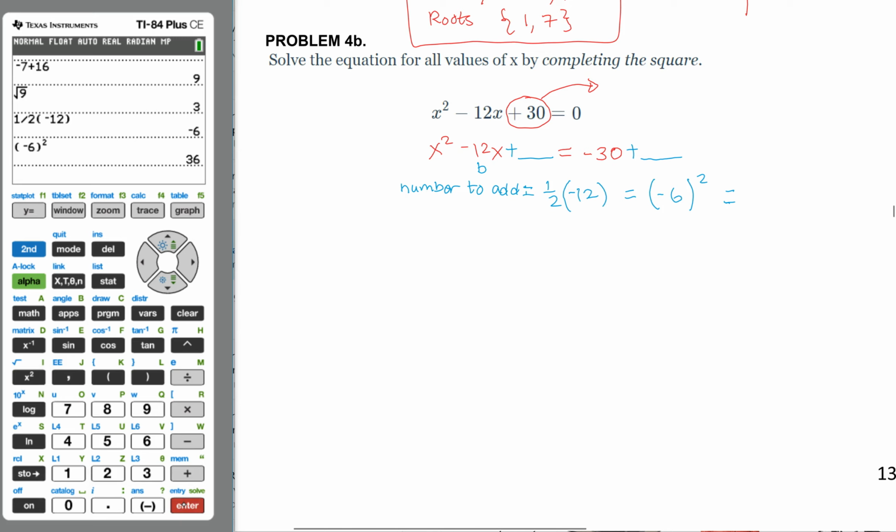Press enter. This one gives you 36. Maybe I'll just put an arrow here, just to show the process, because these are not equal.